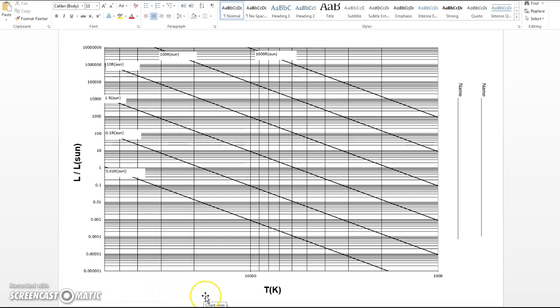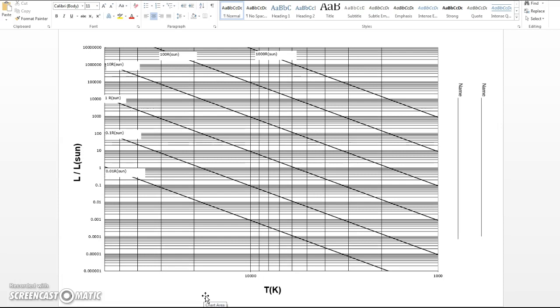The reason that we use this logarithmic scale on the HR diagram is because the spread of luminosities of different stars that we see in the cosmos, and the spread of temperatures that we see amongst different stars in the cosmos, is so great that we'd never be able to fit it all on a single graph if we just had a linear scale.